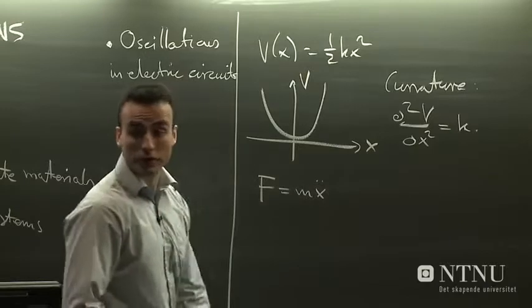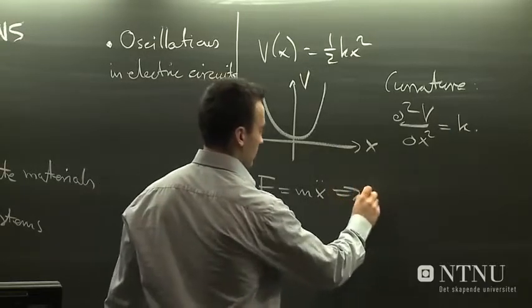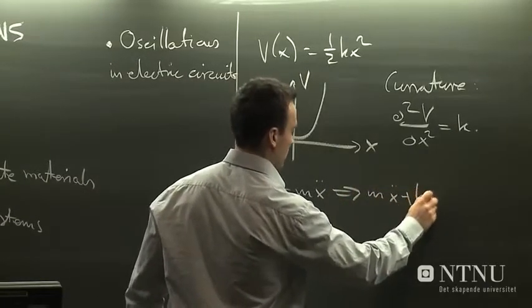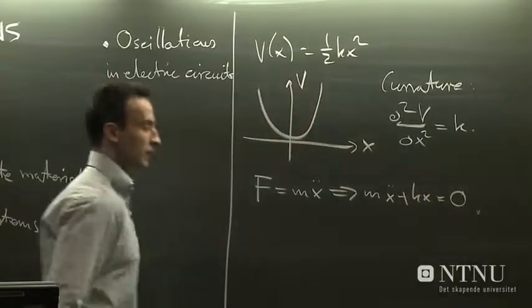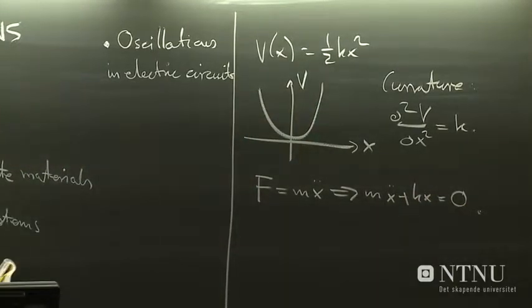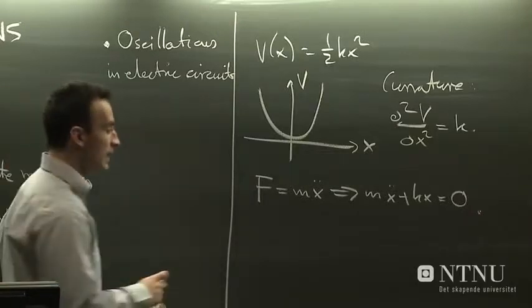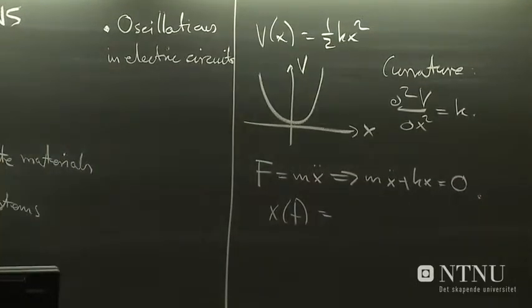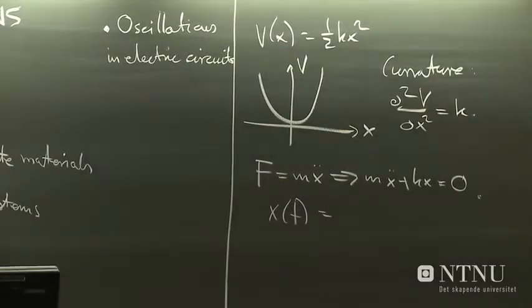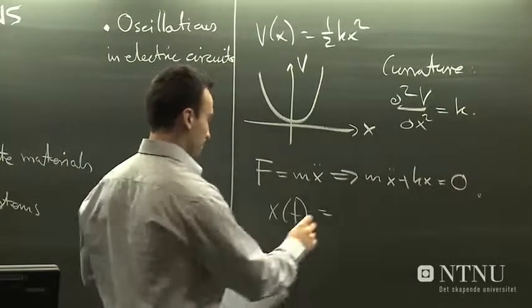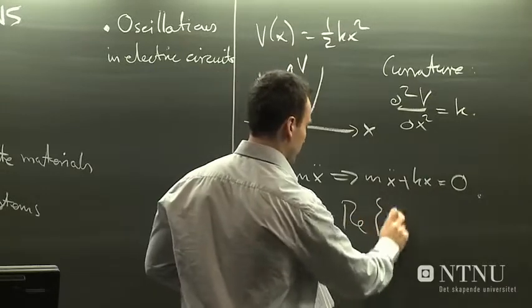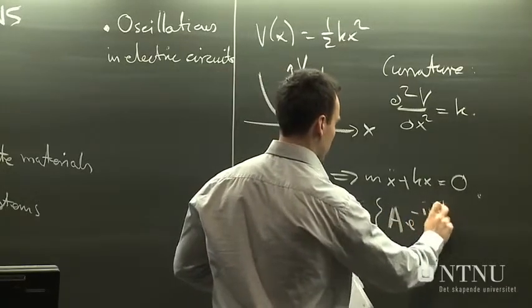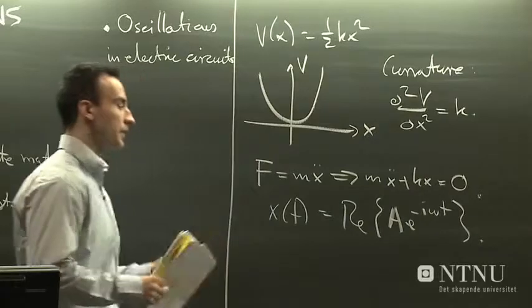The equation of motion looks like this from Newton's second law. And we see that in general, the solution for the position coordinate can be written in quite compact form, like this.